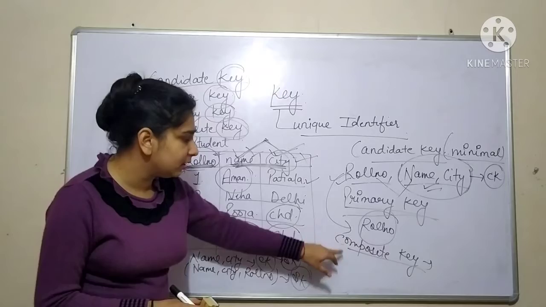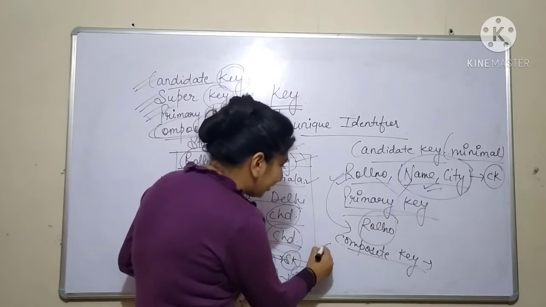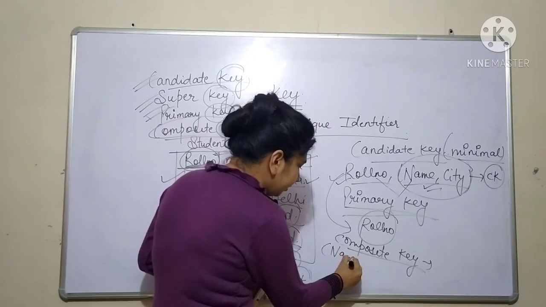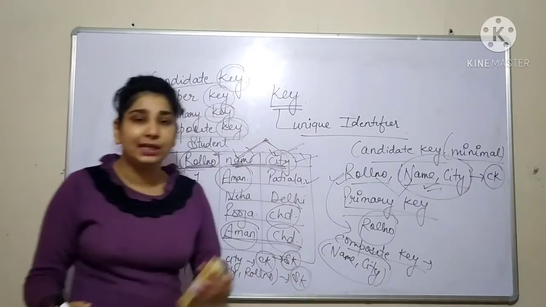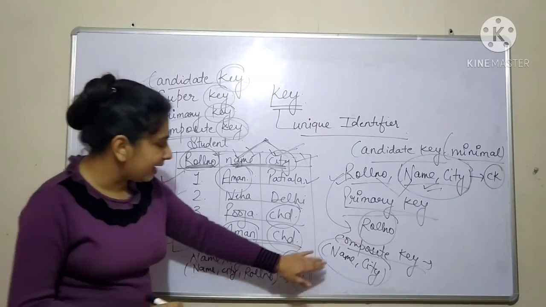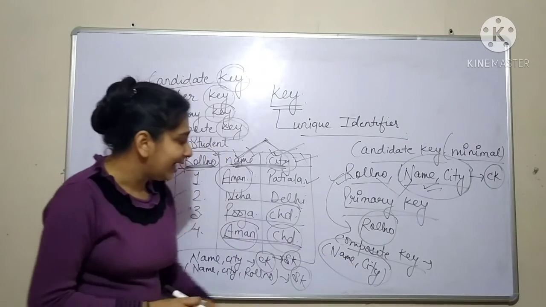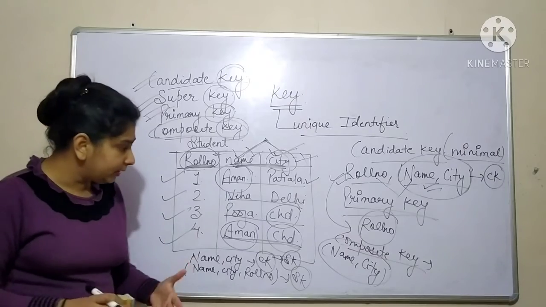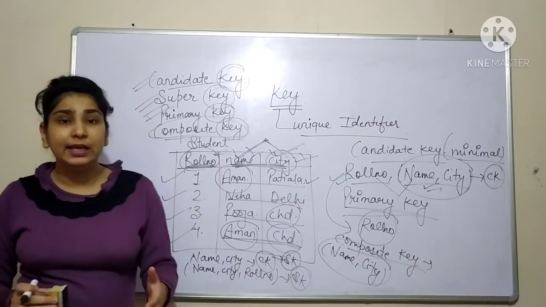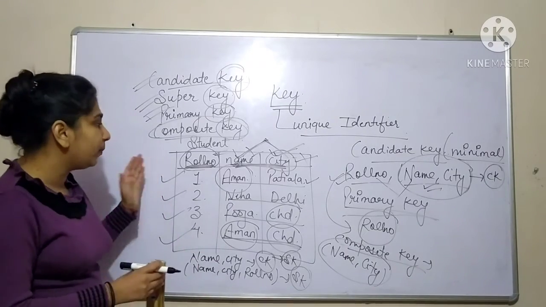You can call it the composite key. If you look at name and city, this key is actually your composite key because this key has many attributes.